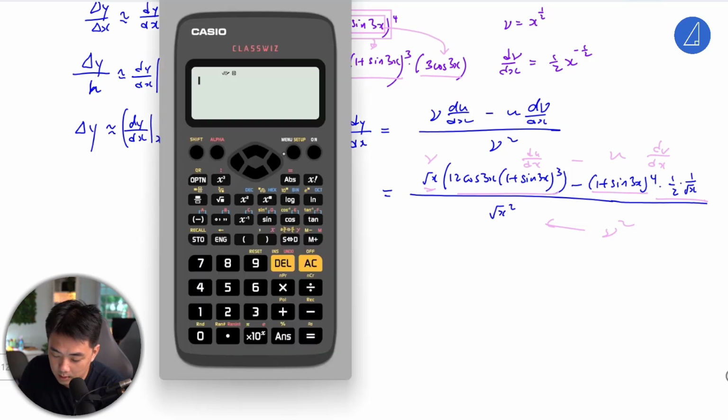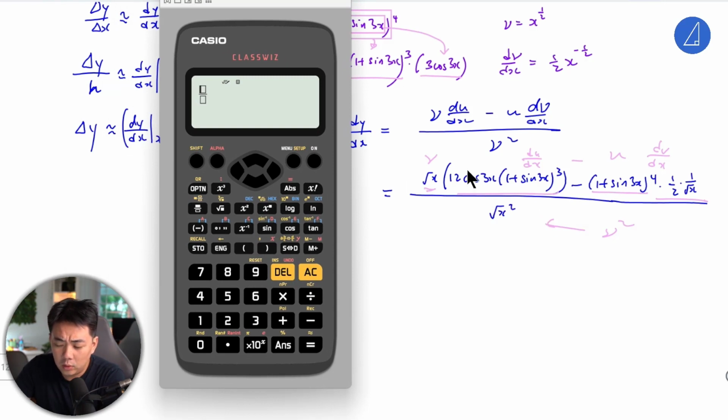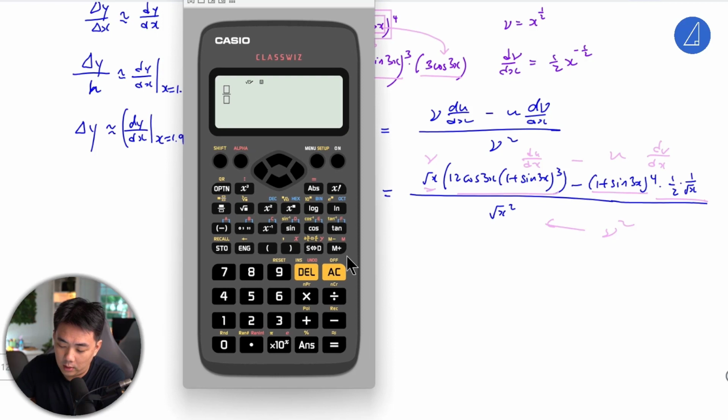I'm going to go to set up, then angle unit, and change to radian. There's a trick because there are too many x's involved: just use the alphabet x on the calculator, so it's easier.